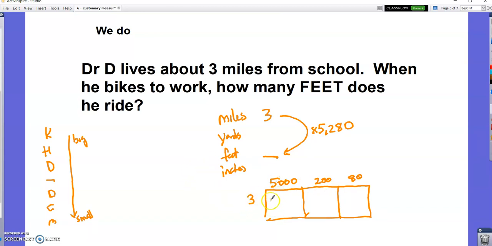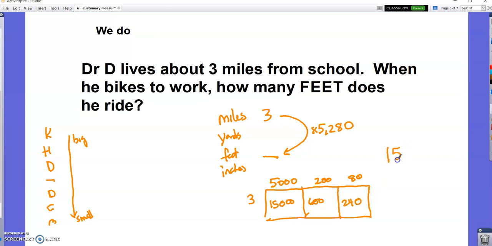3 times 5 is 15, and there are 1, 2, 3 zeros, so that's 15,000 feet. 3 times 2 is 6, with 1, 2 zeros. 3 times 8 is 24, and 1 zero from that. And add them up.